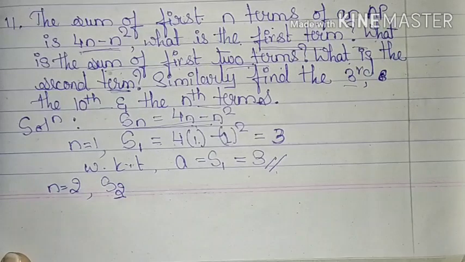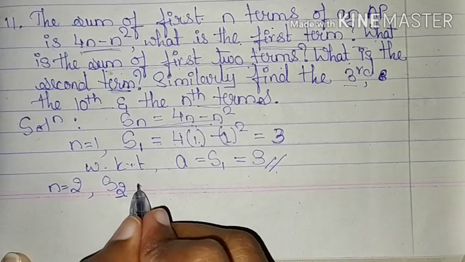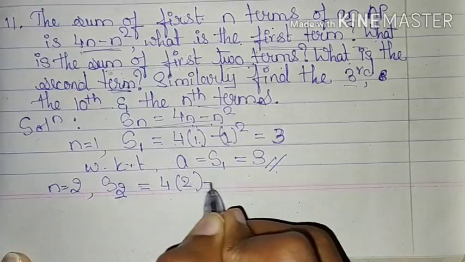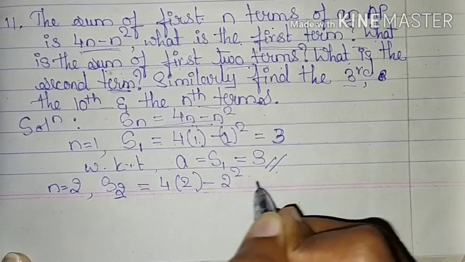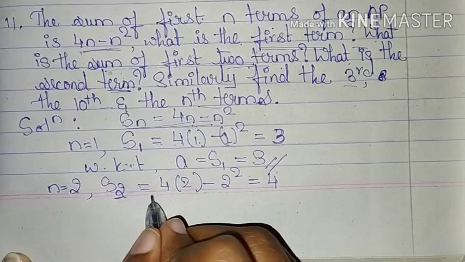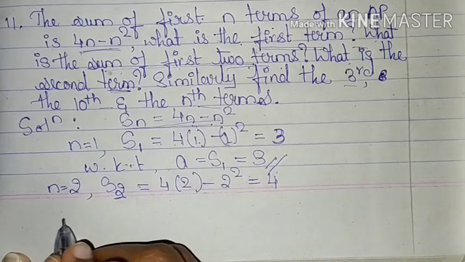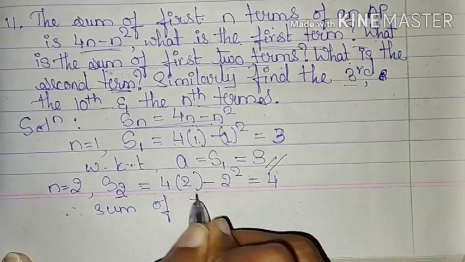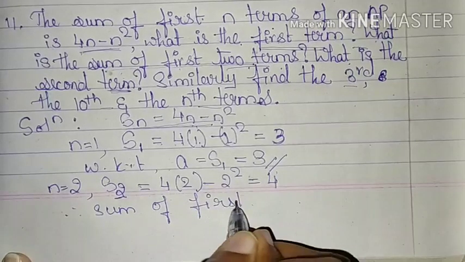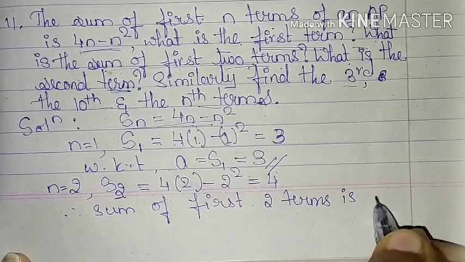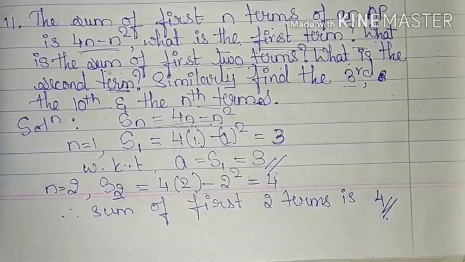When n is equal to 2, S2 is equal to 4 into 2 minus 2 square, which is nothing but 4. So the sum of the first two terms is 4. This is our answer.